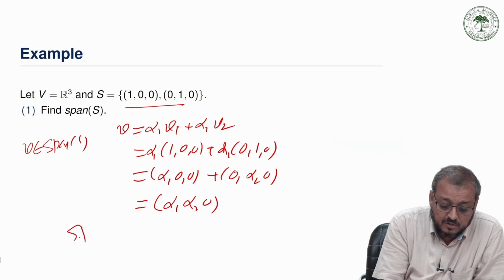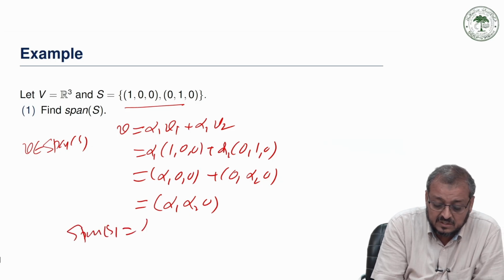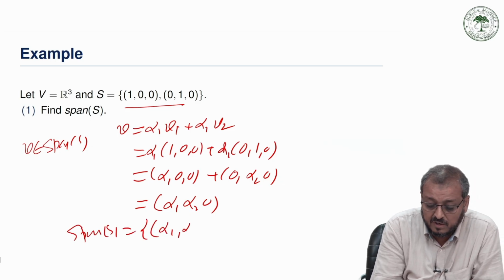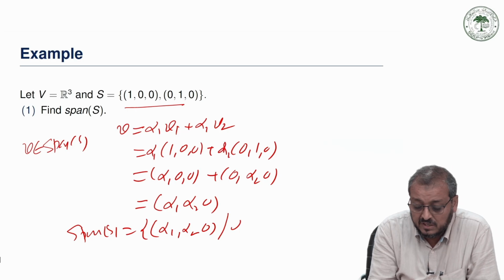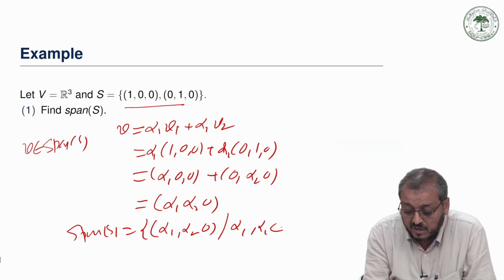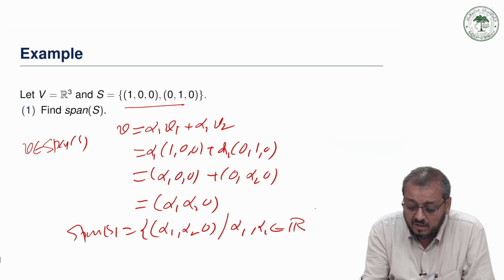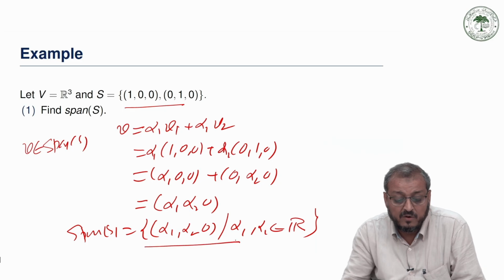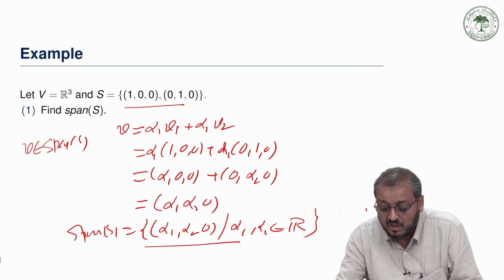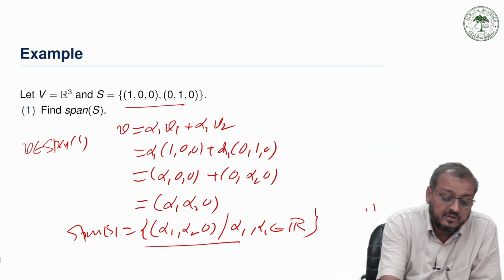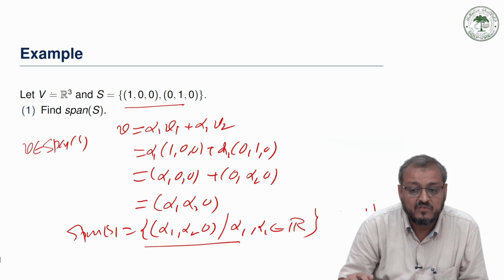So the span of S is all elements (alpha 1, alpha 2, 0) such that alpha 1 and alpha 2 are elements of R, which is just the xy plane, whereas initially we had the xyz vector space.